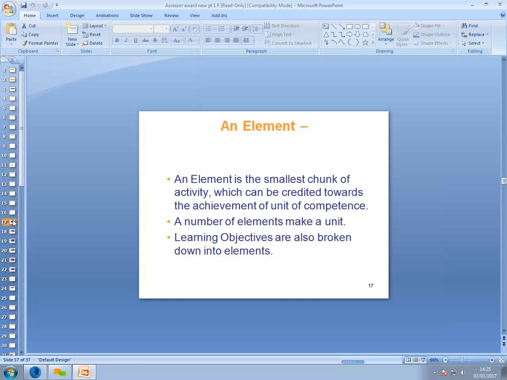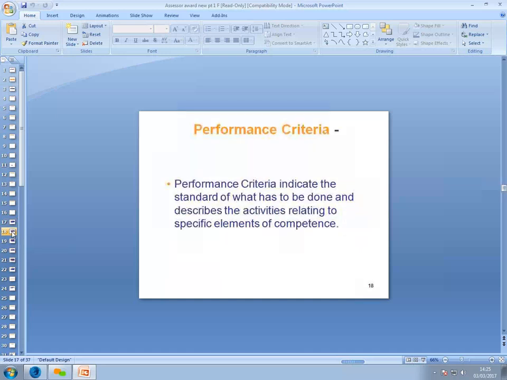I think there are 6 in this unit. Those objectives are then broken down into smaller elements. As you go, you get 1.1, 1.2, 1.3, 2.1, 2.2, etc. But each of those will have a specific part of the unit to which it pertains.